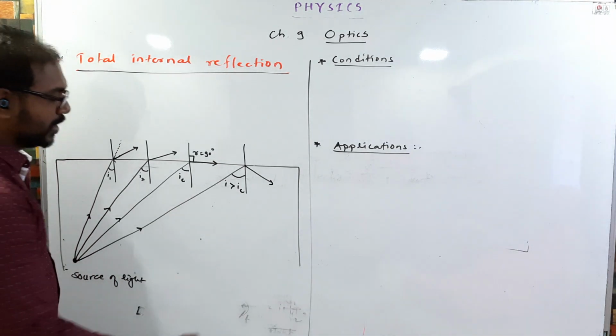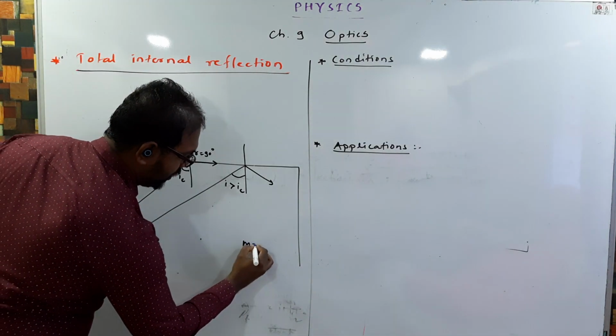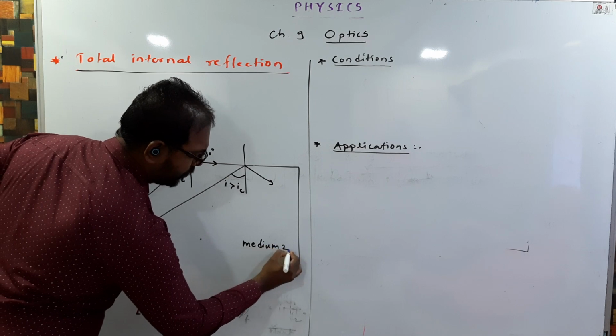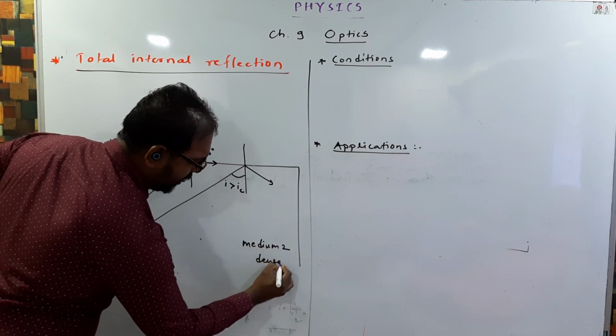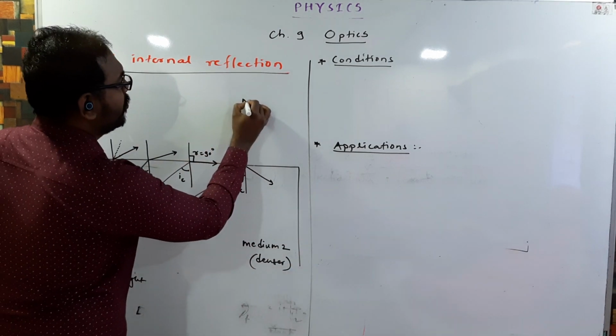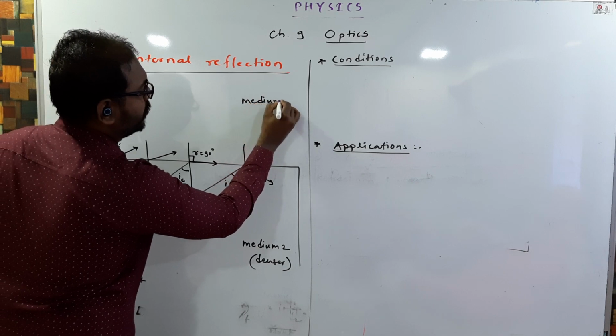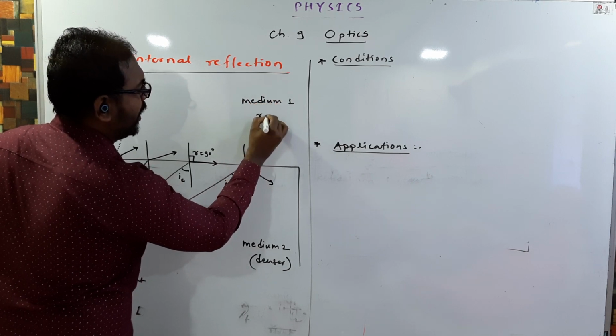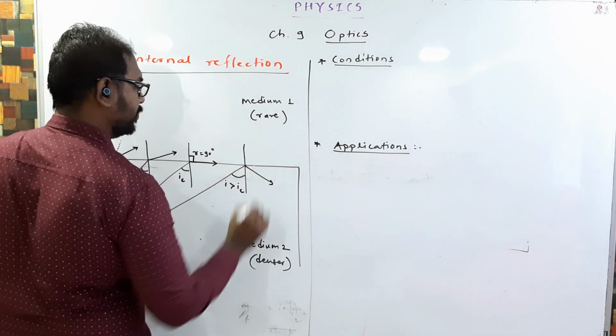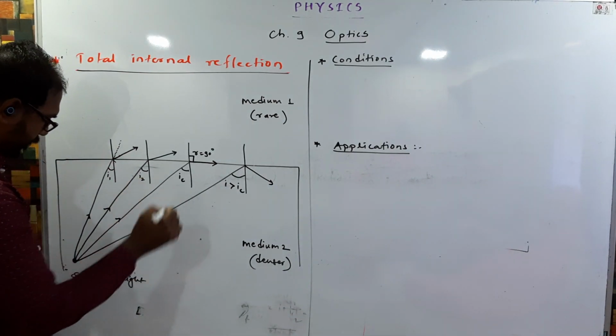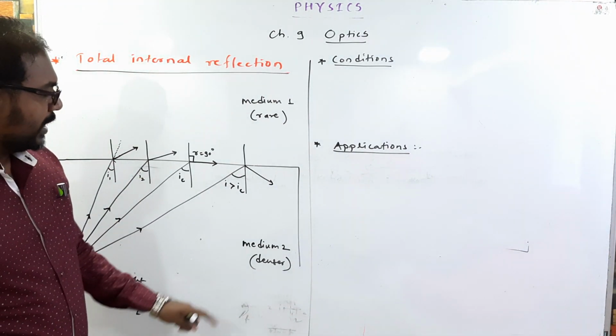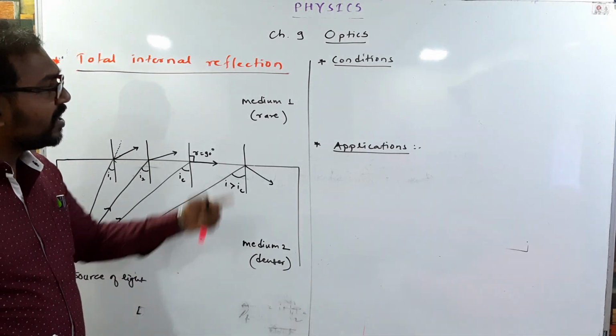Now in a simple way, this is medium 2, which is basically the denser medium. This is medium 1, so this is a rare medium. Okay. Now the second thing is the condition.